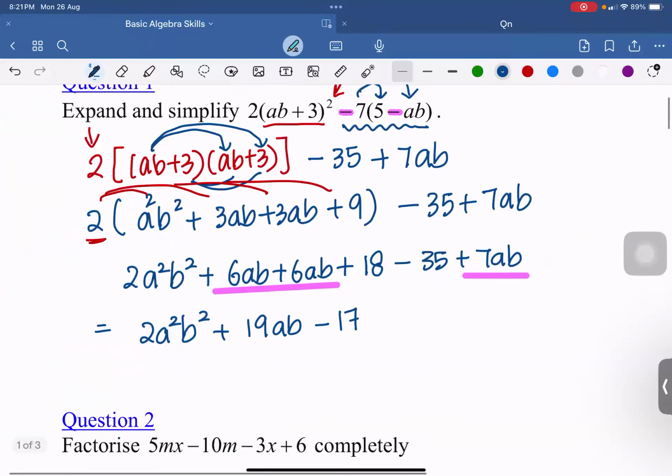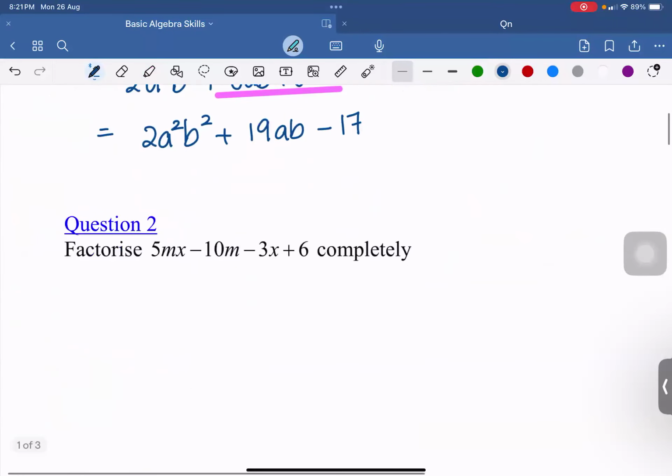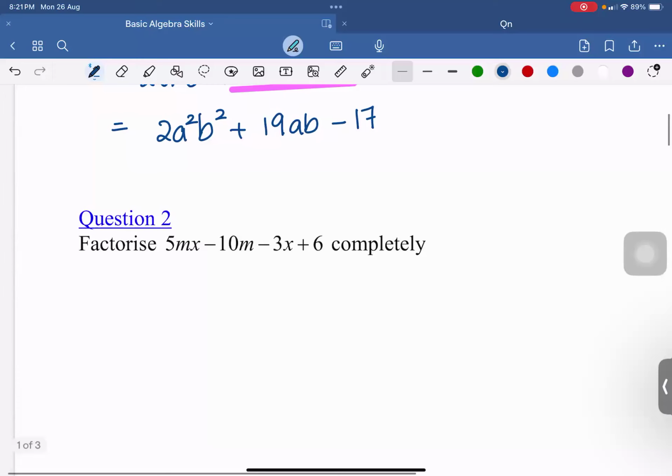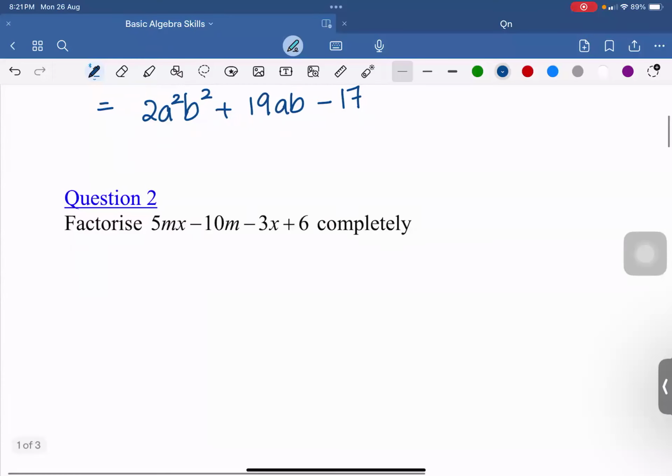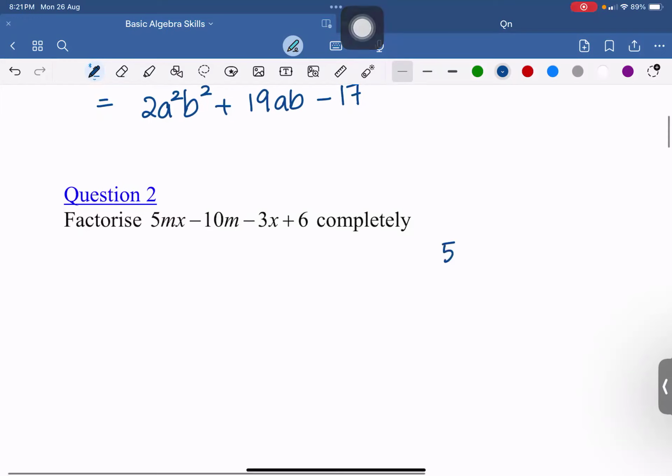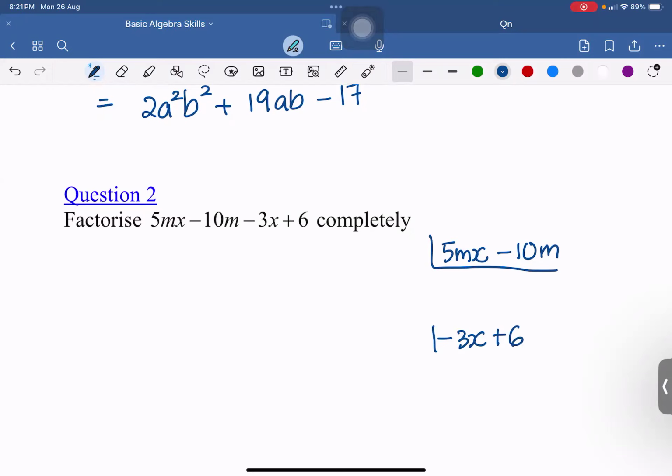Okay, next one. I'm going to do one sample question for every skill. I'll try to repeat it regularly so that you all remember. Factorize this completely. First, let us find matching pairs. 5 and x, who do you want to group it with? 10, so negative 10m. First group. Second group, negative 3x will be with 6, correct?